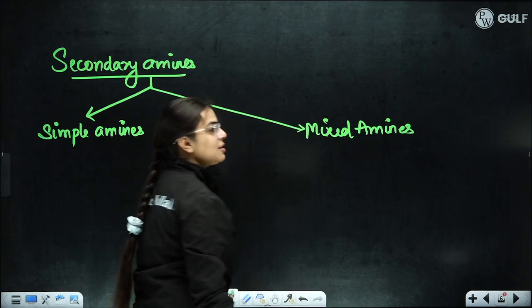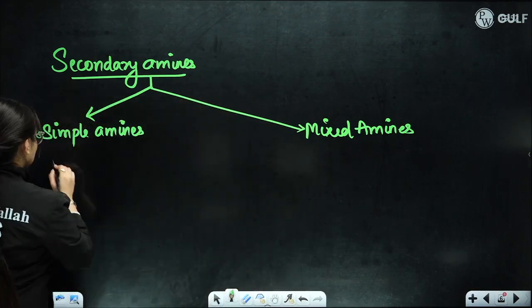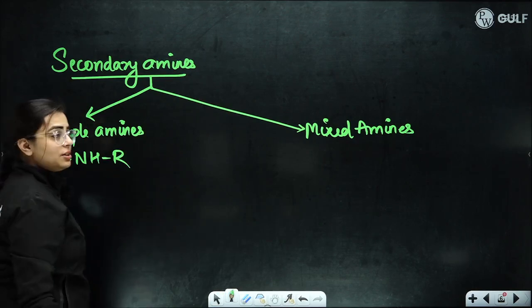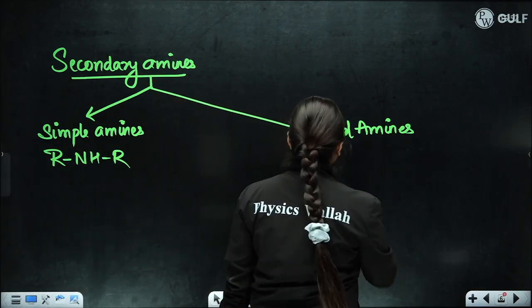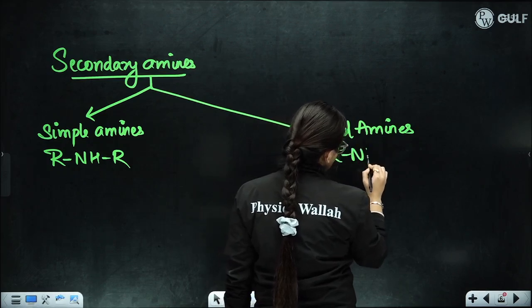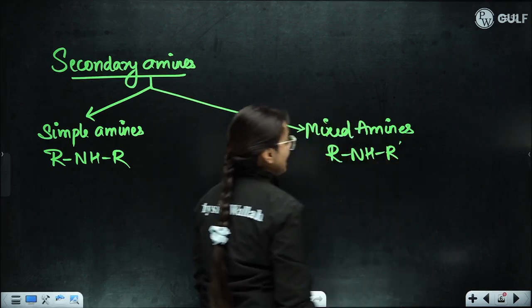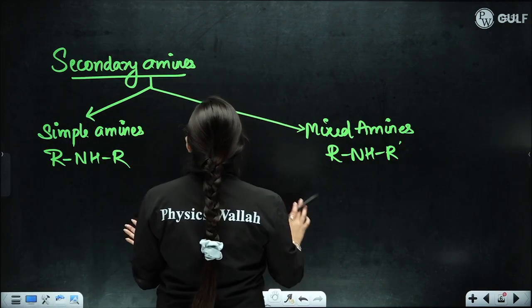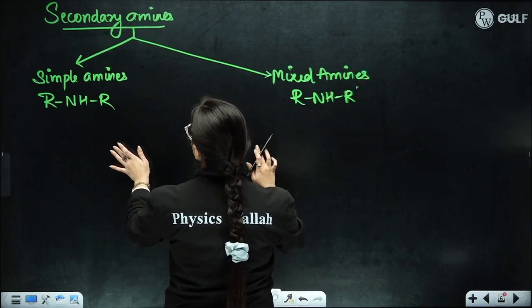What do you think are simple amines? This is going to be the simple amine, RNHR. What is a mixed amine? When both the R groups are different, so it's R, NH and R dash. So that creates a simple amine and that creates a mixed amine, everybody. I hope this is also clear to each and everybody of you.